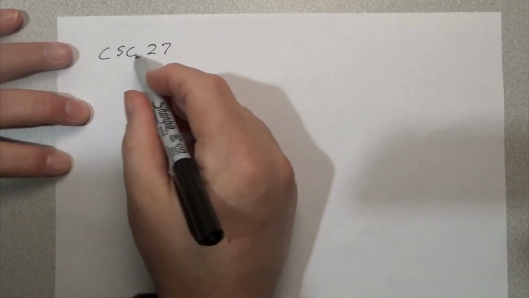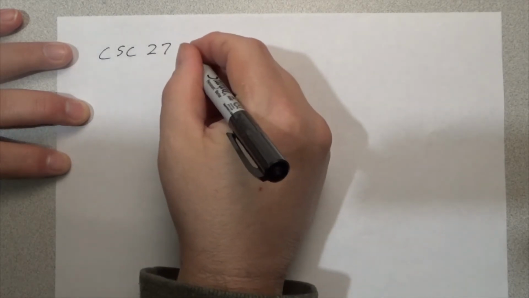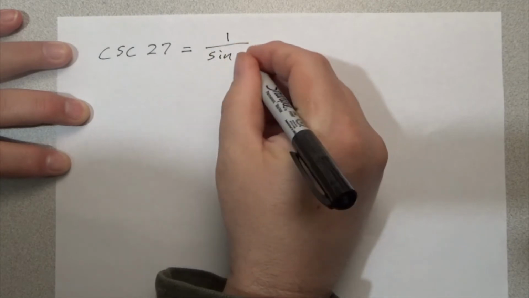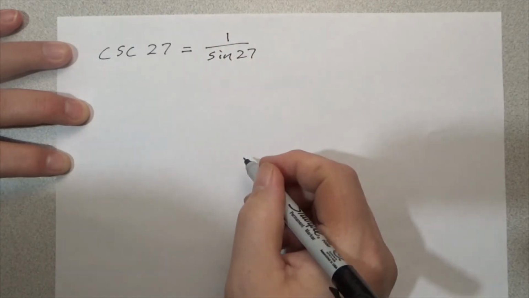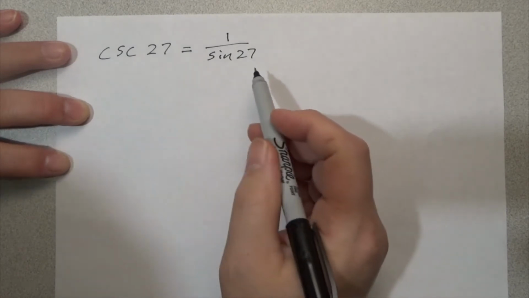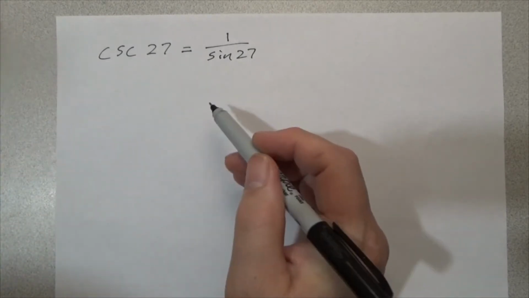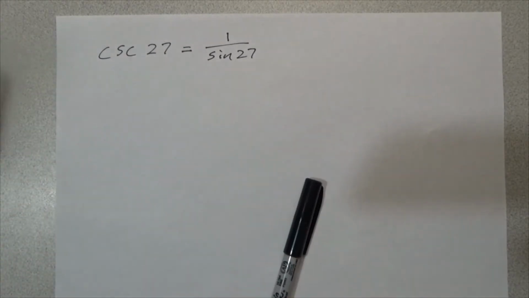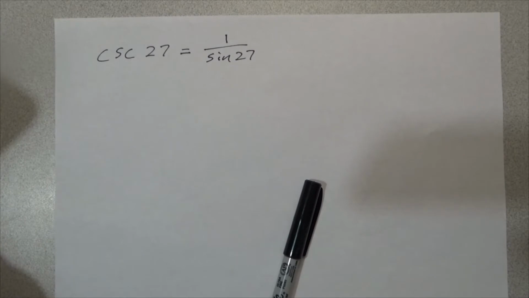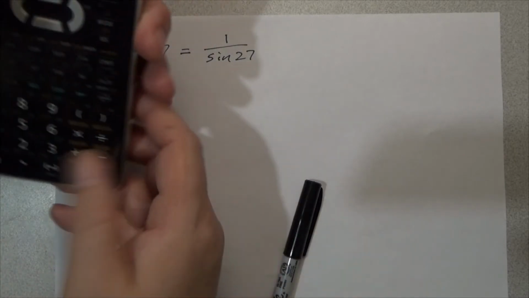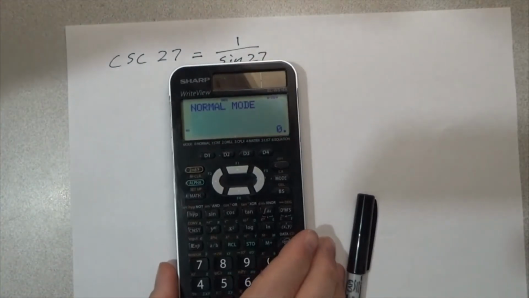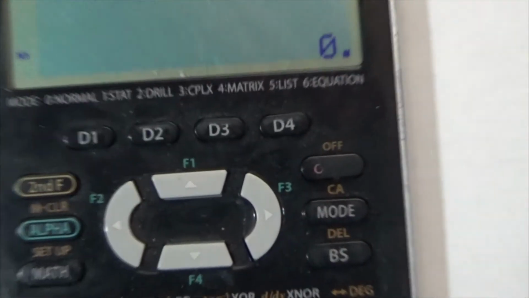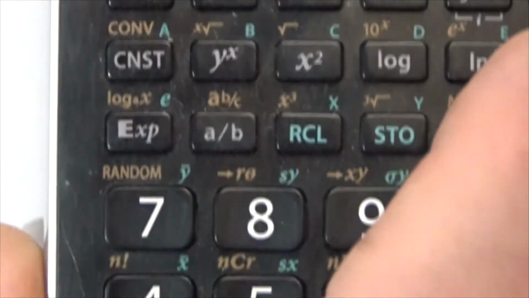So if I have the cosecant of 27 degrees, that means that is equal to 1 over the sine of 27 degrees. So in my calculator, I have this in my calculator, if I can find it. It's right here. I've got a fraction bar here, so this is how I'm going to do it. If you don't have a fraction bar, you can do it without one.